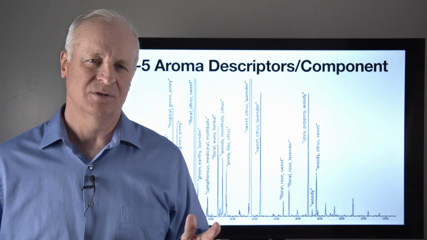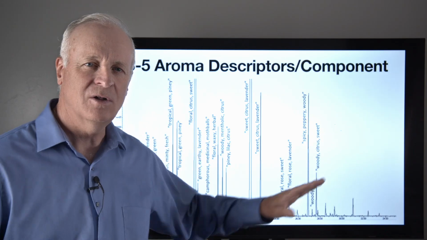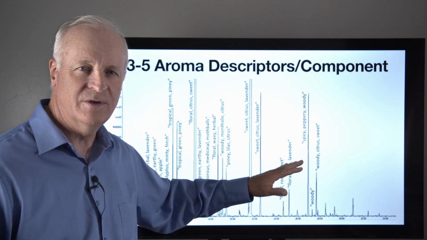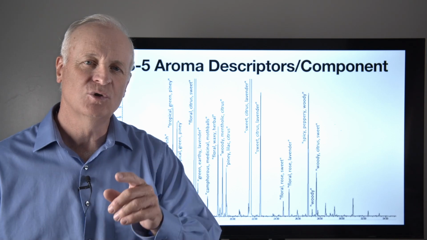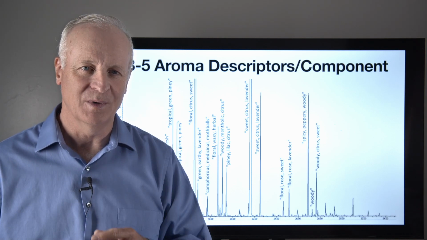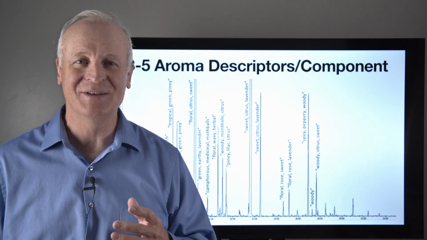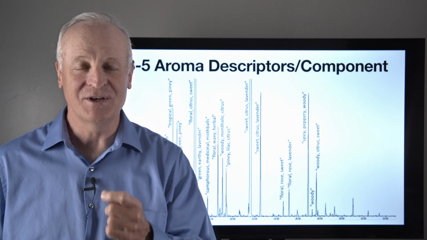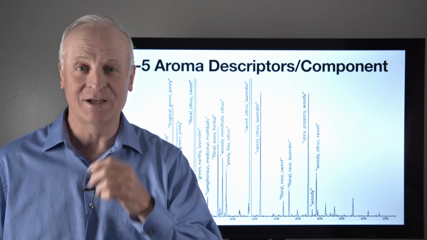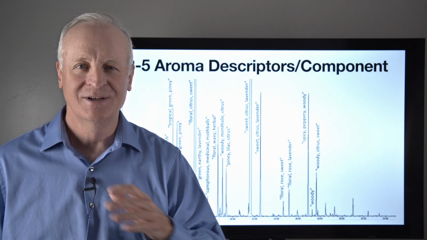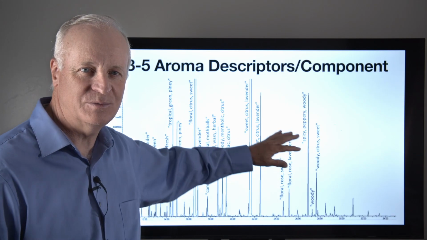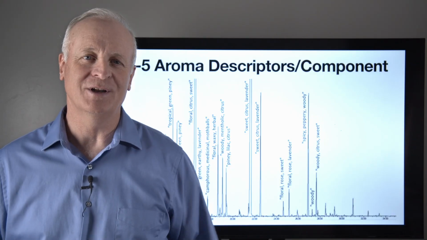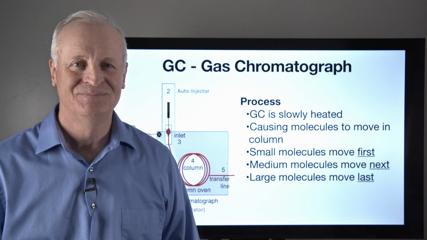Now imagine you taking all of these aroma descriptors and putting them together into one. That's what you call lavender aroma. Isn't that amazing? The lavender essential oil that you inhale and you say, oh yeah, that's lavender. It's actually made up of hundreds of different aroma descriptions all put together in one, and that's lavender.